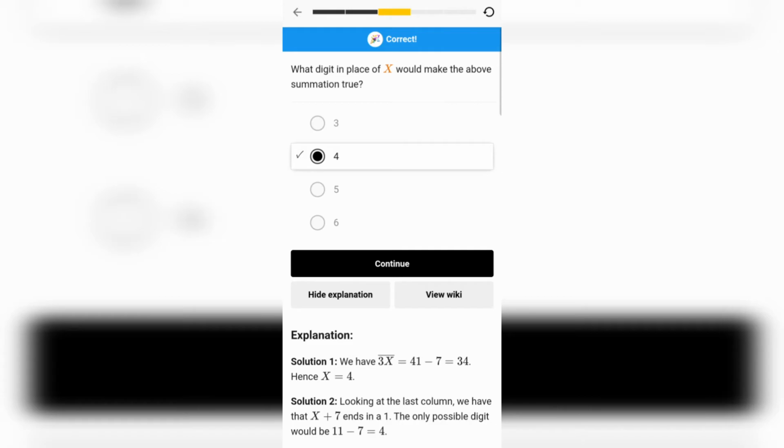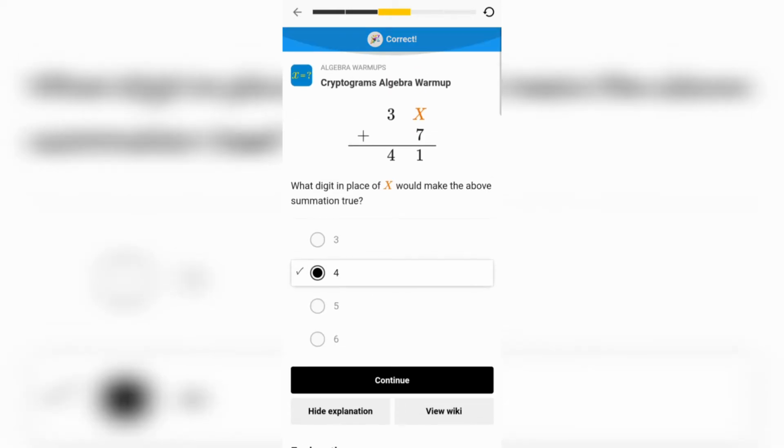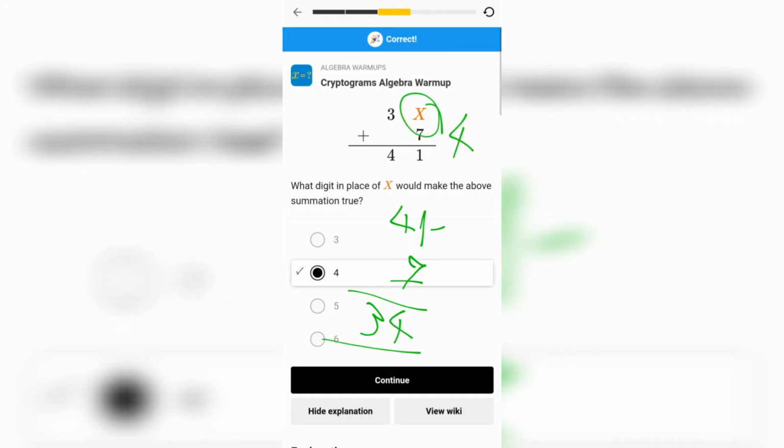We have 3X equals 41 minus 7. That could also be the case, because this could be simpler. You can just subtract 41 minus 7 and you get 34, and you have the solution X equals 4.